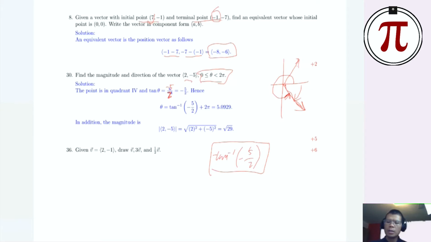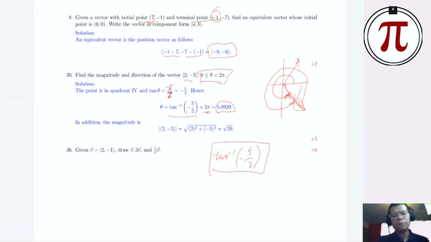Now it's going clockwise for inverse tangent of -5/2. Then you go a full rotation. So that is tangent inverse of -5/2 plus a full rotation. Then you get theta, the coterminal theta, which is between 0 and 2 pi. Now that's for this one.